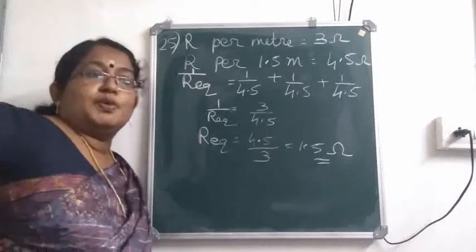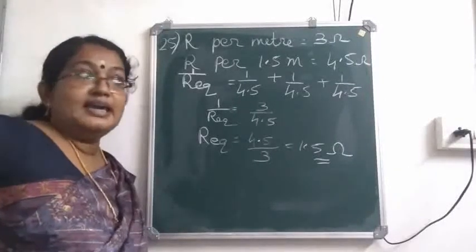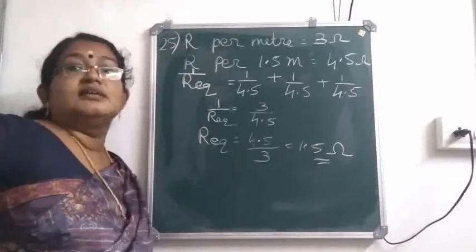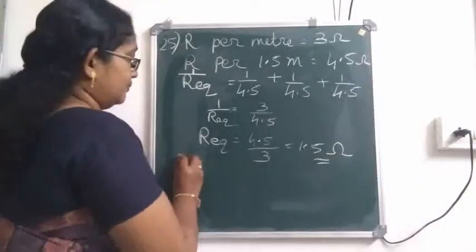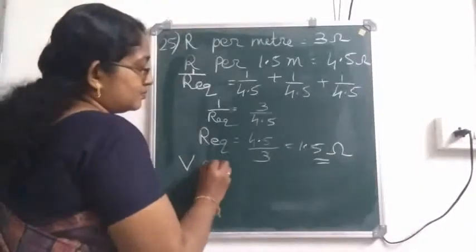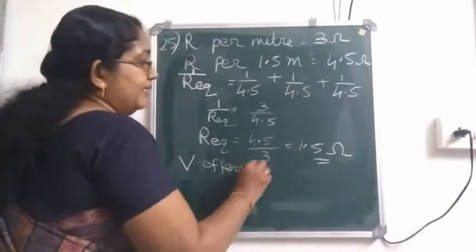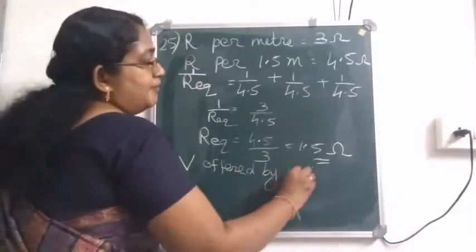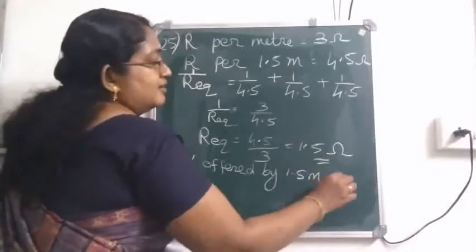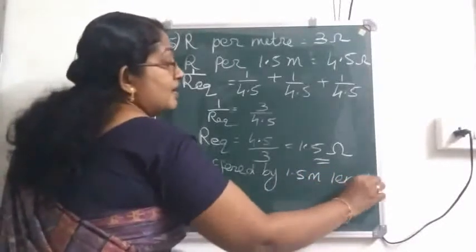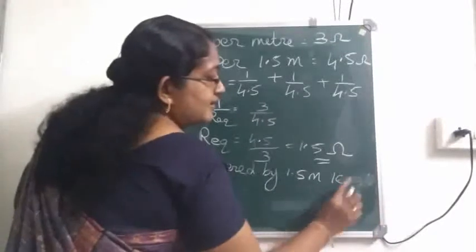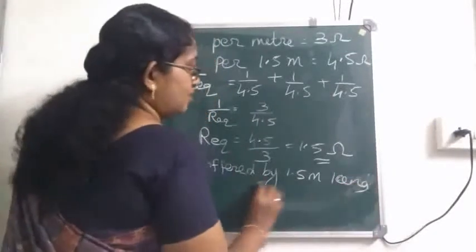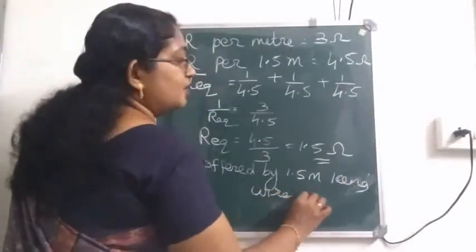Okay. So potential difference offered by 1.5 meter long wire will be V equal to I into R.